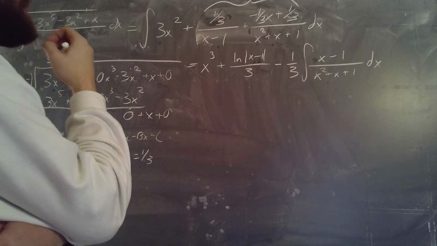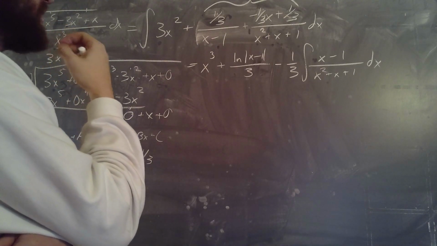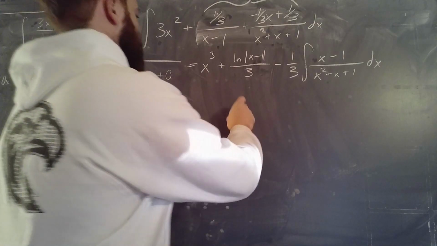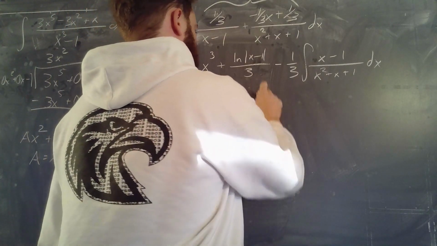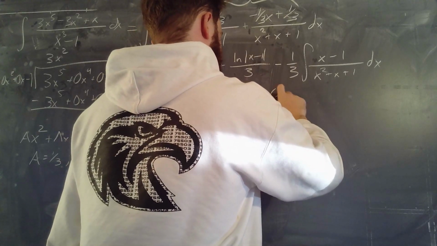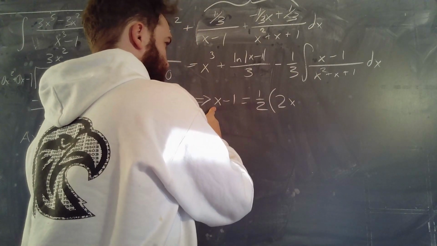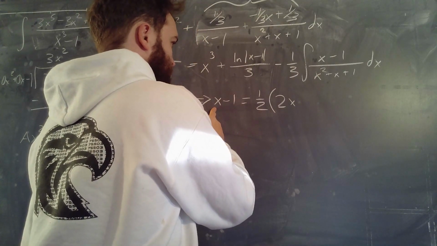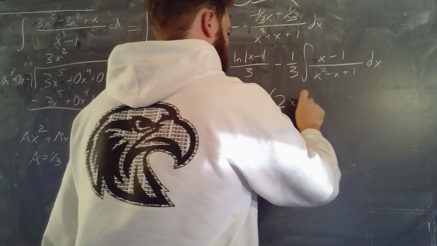But I'm kind of getting ahead of myself because what I want to do is turn x minus 1 into 2x plus 1 if at all possible. But we can notice we can write x minus 1 equal to 1/2 times, and then this will have to say 2x to send that back to x, and this can be plus 1.